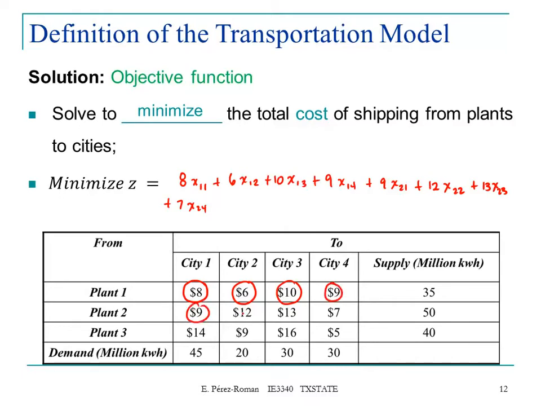So we did this one, this one, this one, this one, this one. Then we have plus 14 x31 plus 9 x32 plus 16 x33 plus 5 x34.